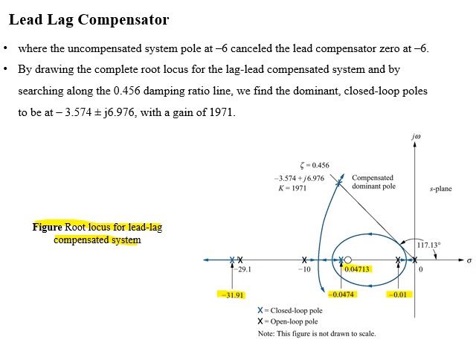Now along the root locus, search for the point where the root locus intersects the line of constant damping ratio, and that is our desired dominant pole location. The location is minus 3.574 plus or minus j6.976 with a gain of 1971.